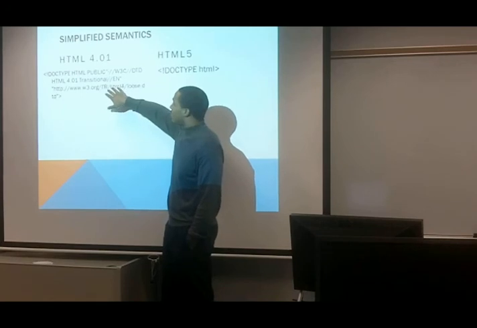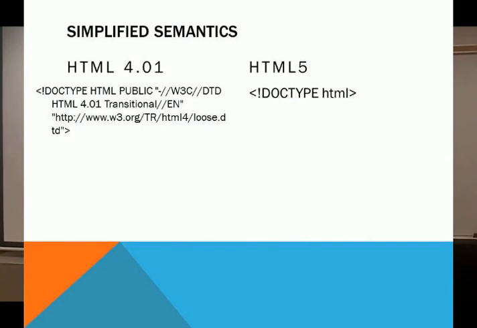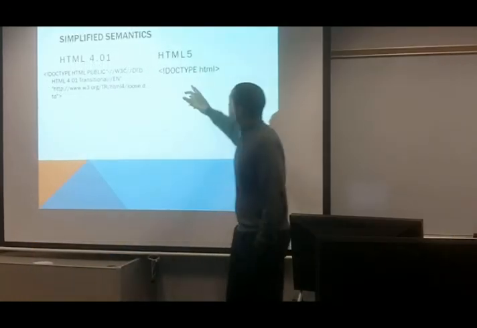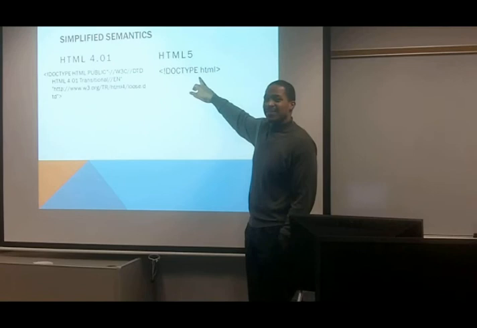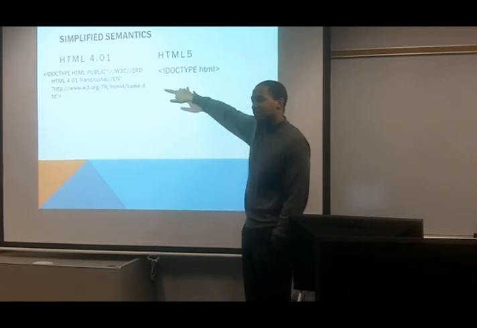And nobody would ever want to memorize this. You would have to go out to the W3 website and copy and paste it, or if one thing was wrong, it would have issues validating your code and it wouldn't know which version of HTML you're writing in. But in HTML5, something as simple as this. That's just one example of a simplification.